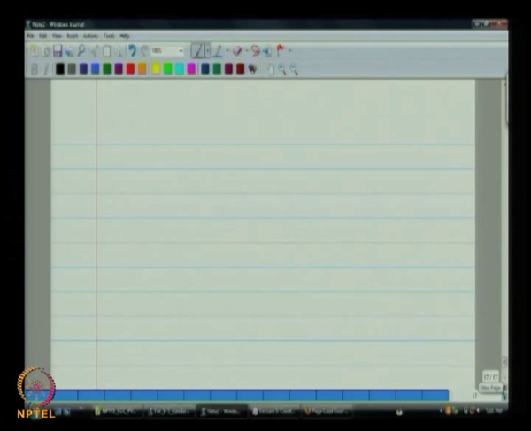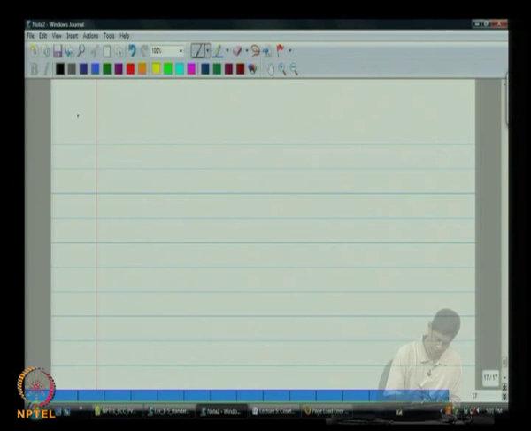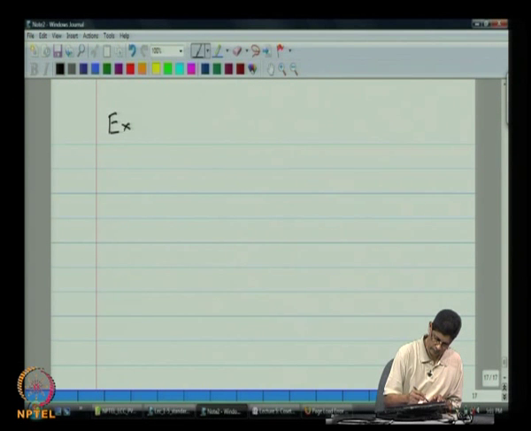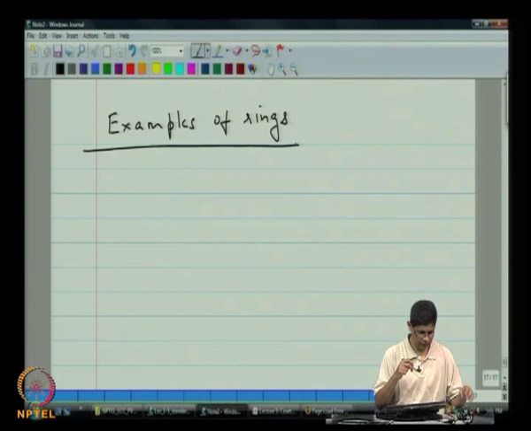So, now let us go ahead and look at some examples and we will figure out where to put them. So, examples of fields.